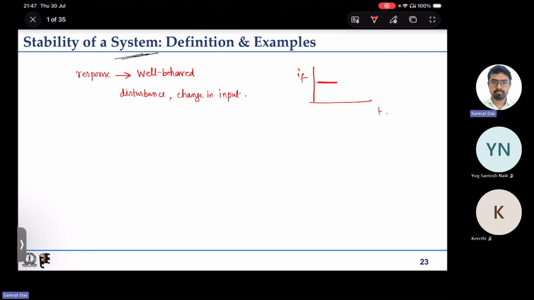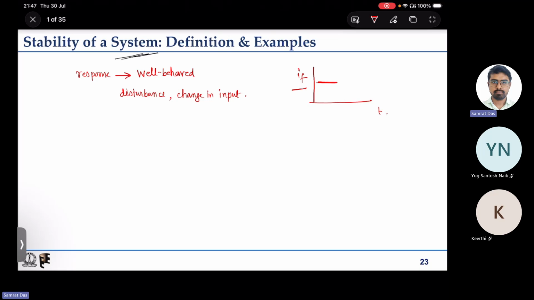Now if we suddenly give some change in the DC voltage, like the field voltage, will the system come back, or will the current value change abruptly and go to some very high value and not stabilize at all? It may happen that it keeps on oscillating, or it goes to very high values, then the system will be said to be unstable.